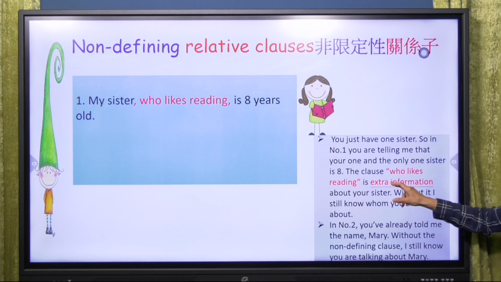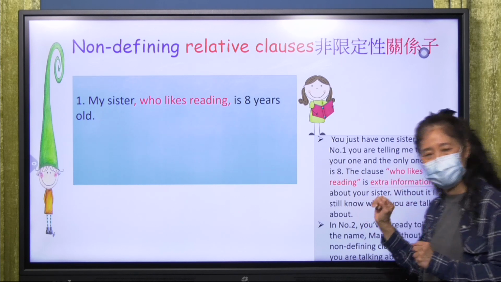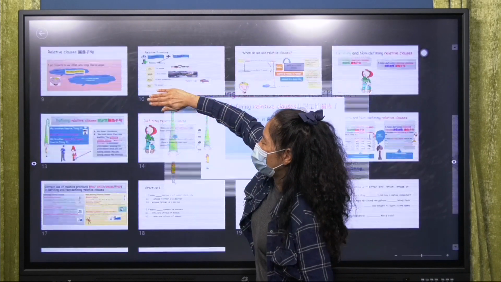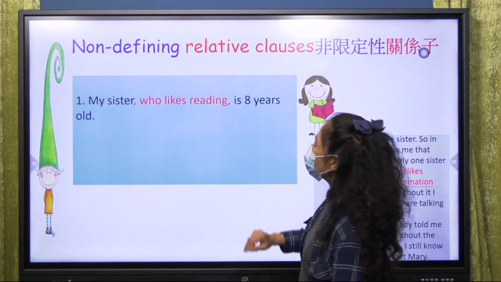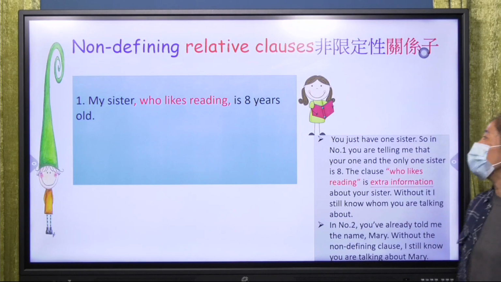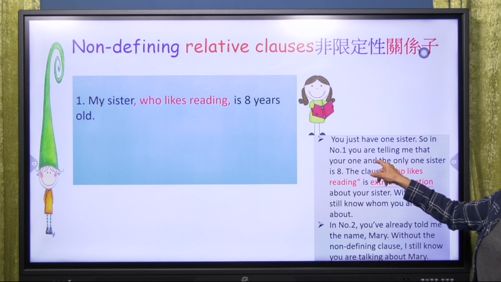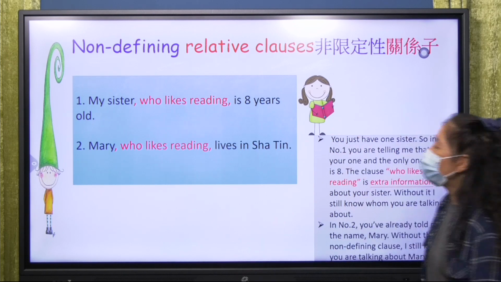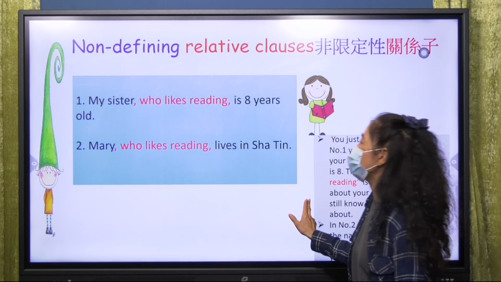And it's giving us extra information. Extra, that means it is not a must. Even though we don't have this non-defining relative clause, I still know you're talking about your one and only sister.